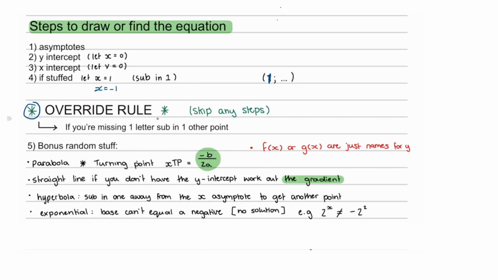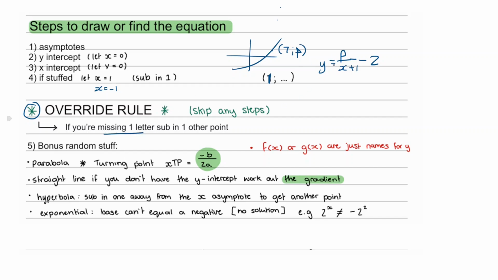The override rule is if you ever notice that you're missing one letter, then you just sub in 1 point. Again, whether you've been given a graph and there's a point missing, then you can sub that into your equation, or whether you've been given a function and you're trying to find out this missing letter, keep boiling back to this.